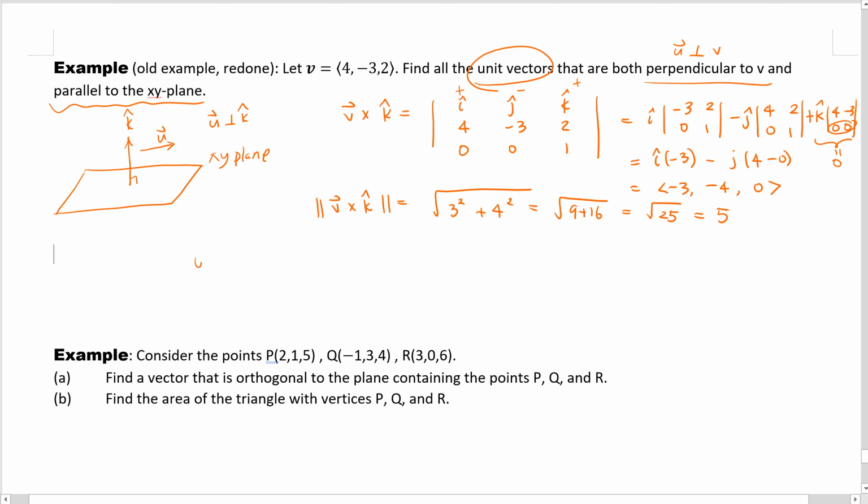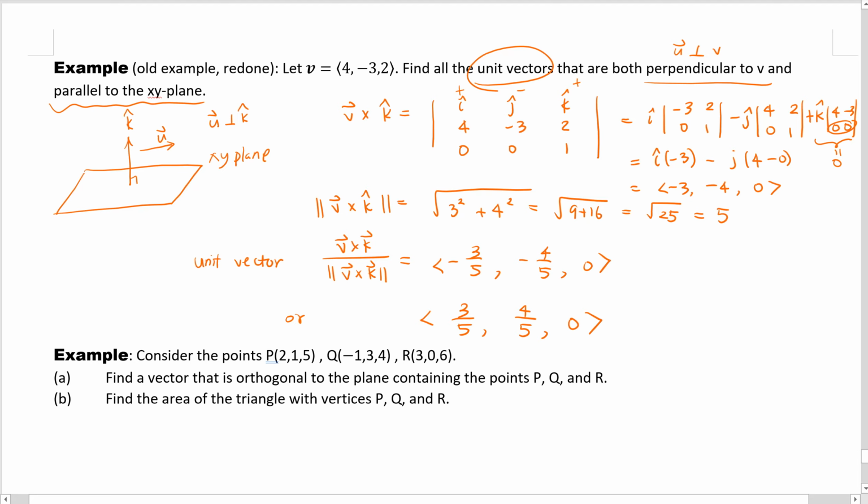Now how do we find a unit vector again? We can use that vector over its magnitude. So that's why we have minus 3 over 5, minus 4 over 5, and 0. Or the negative of that will give us, minus minus becomes plus, 3 over 5, minus minus becomes plus, 4 over 5, and this one is 0.